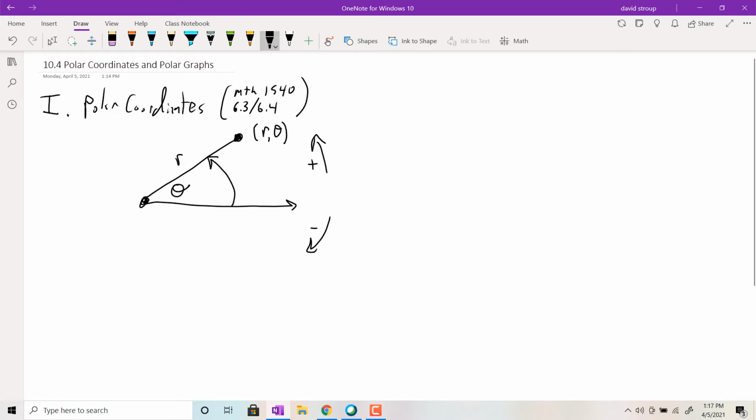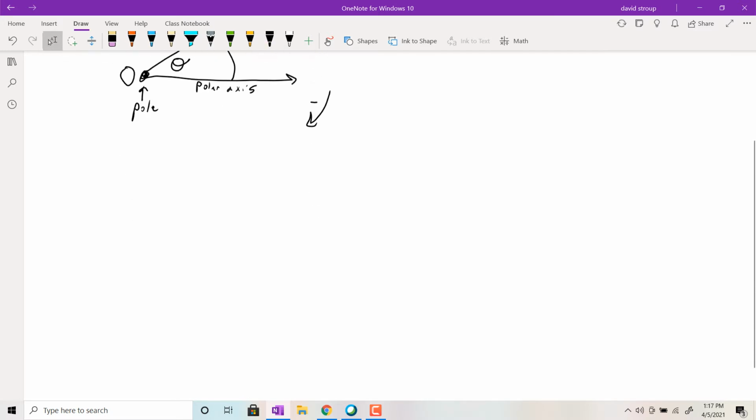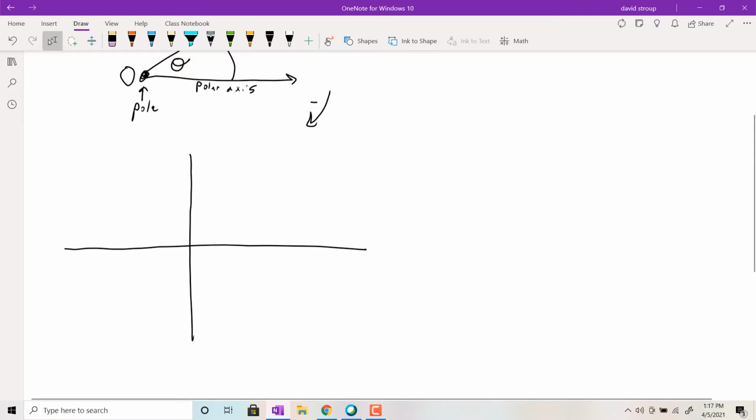This point right here we're going to call the pole, and it's kind of like the origin, usually given the letter O. This side is the polar axis. When you see it, we usually standardize it onto the XY plane. So we'll put the polar axis on the positive x-axis, and then we have a different looking graph paper.